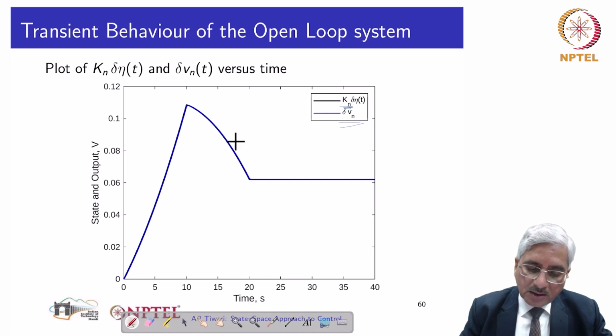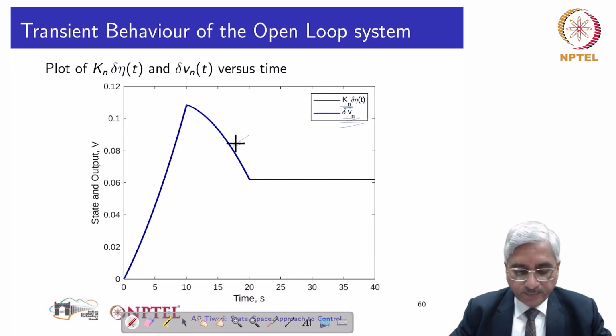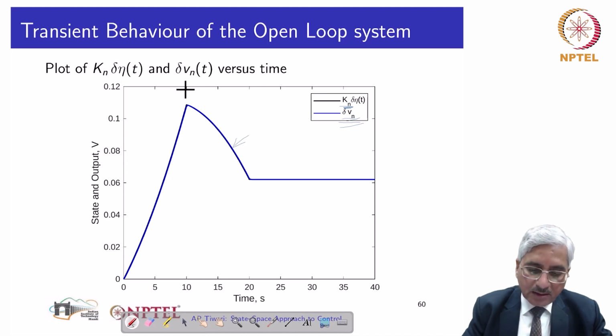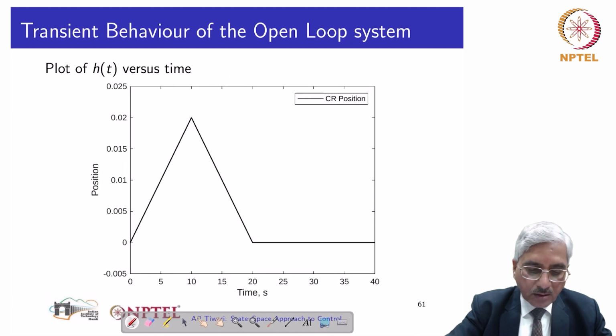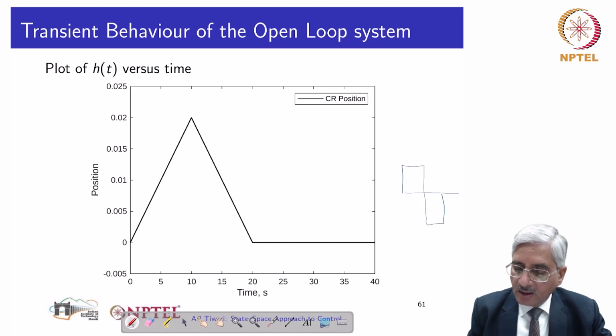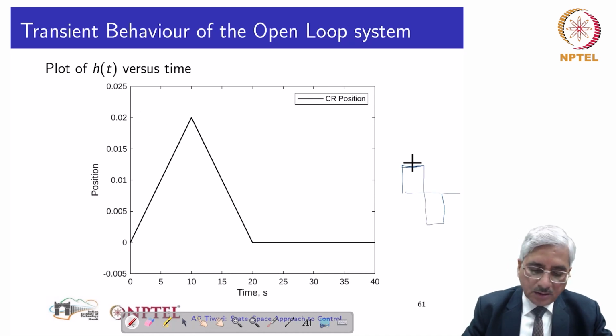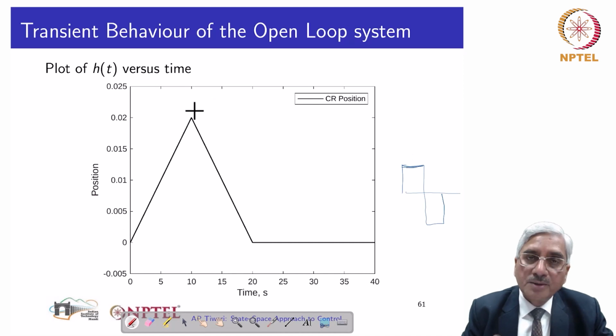So the neutron density will change like this, also the voltage will change like this. In the first 10 seconds the control rod will be going out; that was the voltage like this. So during this, the control rod is traveling out.